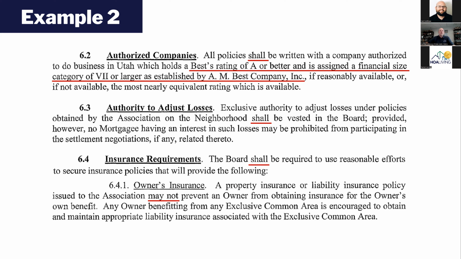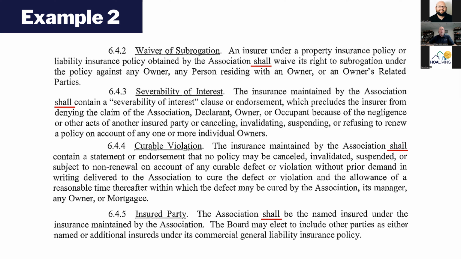The board has the right and authority to adjust losses. The board shall be required to use reasonable efforts to secure insurance policies that provide the following. There's a "may not" in 6.4.1. Another shall, another shall, another shall, another shall.